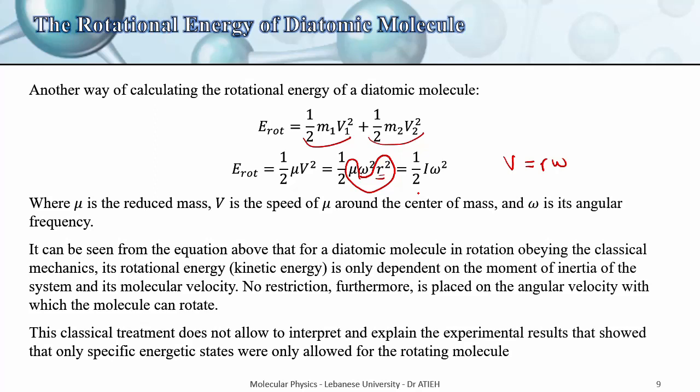The molecule can rotate with any energy, with any angular frequency. There are no rules, no quantization. This classical treatment does not allow us to interpret and explain the experimental results that showed that only specific energetic states were allowed for a rotating molecule. Because the classical model is unable to interpret that, we are going to move to the quantum model.